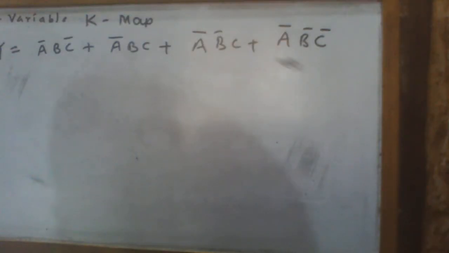Okay, this is the given equation: A bar B C bar, A bar B C, A bar B bar C, A bar B bar C bar.